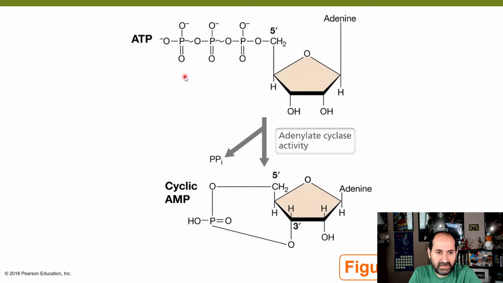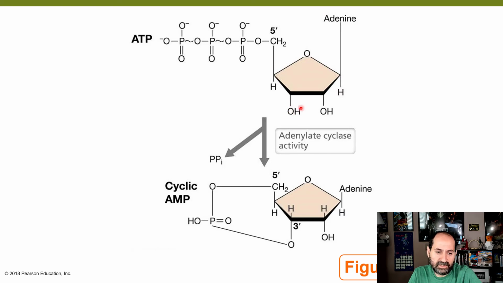So take a look at this. This is your ATP, and you can circularize ATP. You cleave 2 of the phosphate groups off. This phosphate then binds to the 3' hydroxyl group.